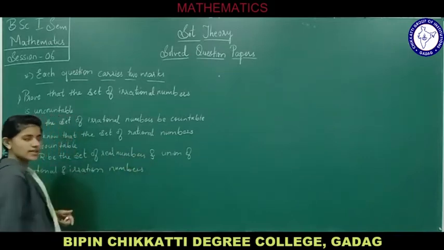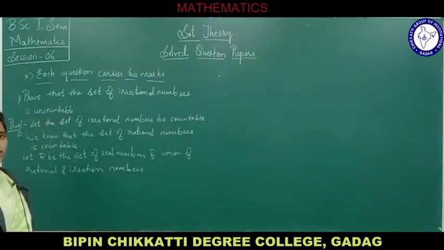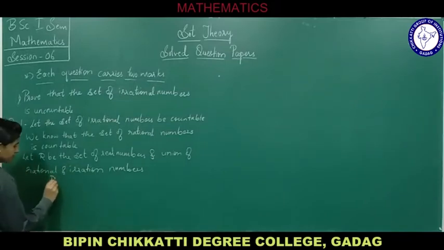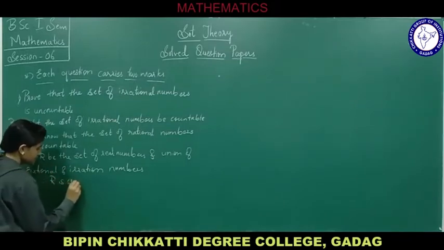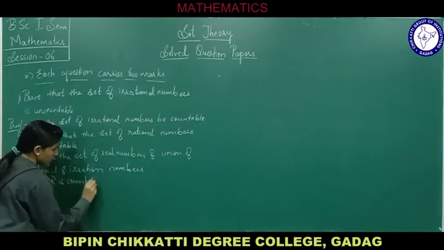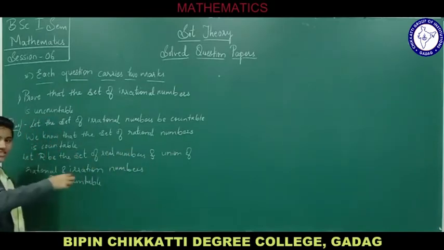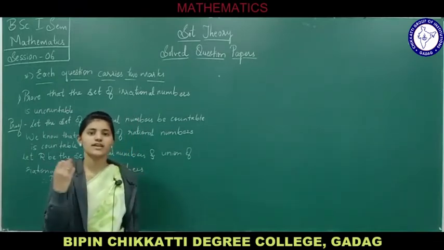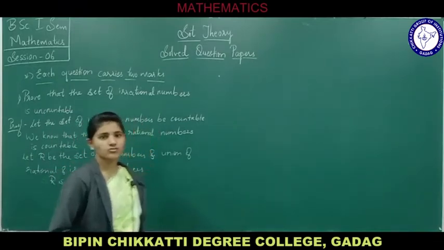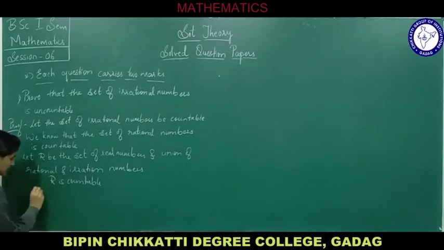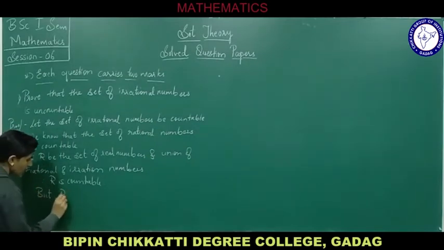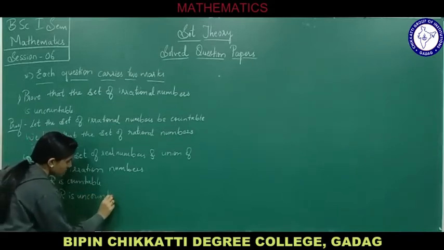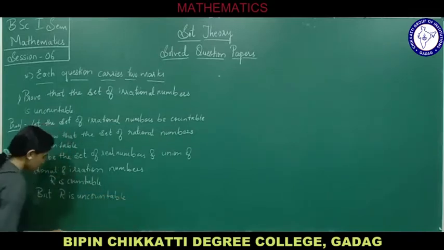If both rational and irrational numbers are countable, then by definition R is countable. But we already know that R is uncountable.